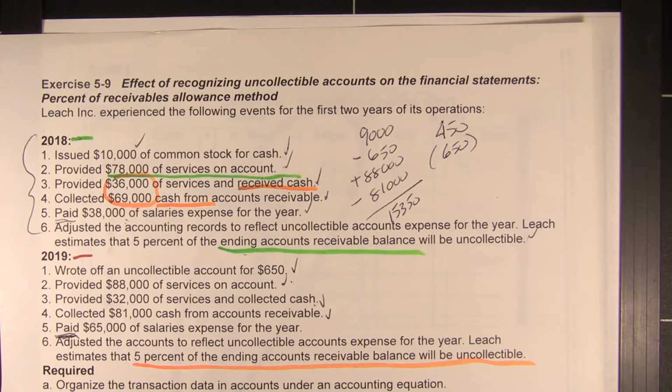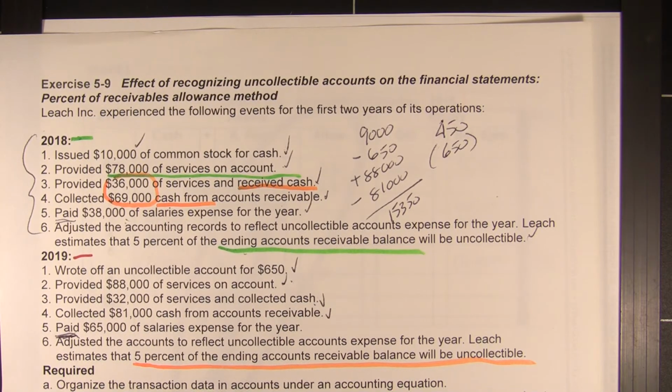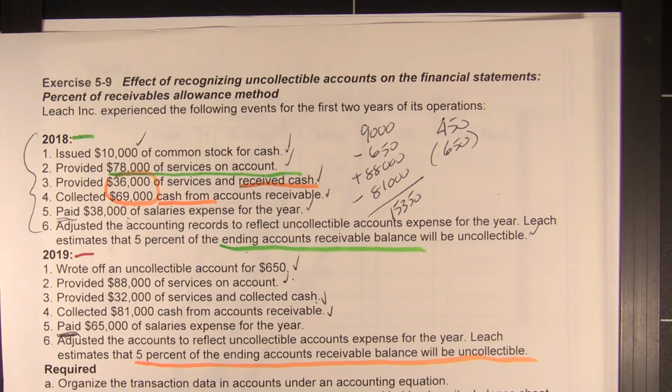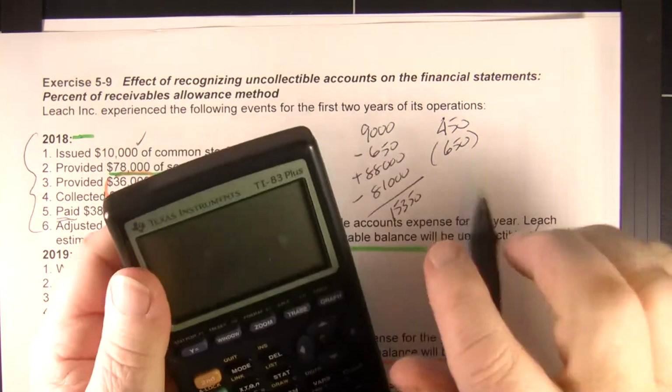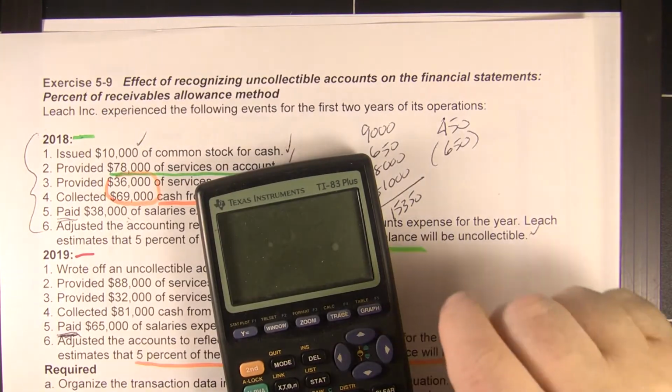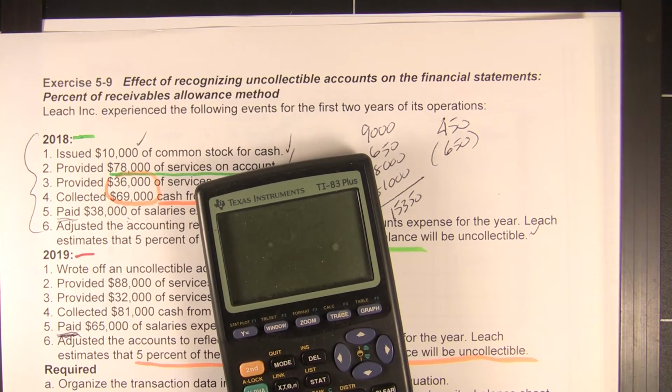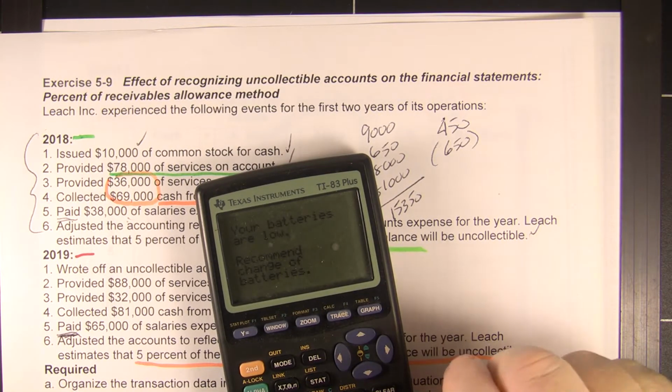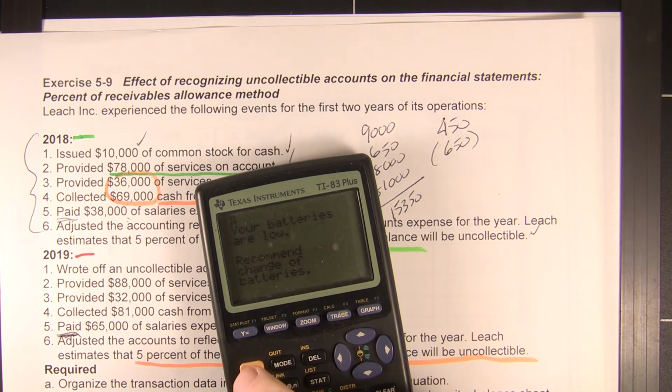Well, the allowance for uncollectibles, 5% of that works out to be, I don't know. Let's figure it out. Yeah, my batteries are low. I'm too cheap to buy new ones.